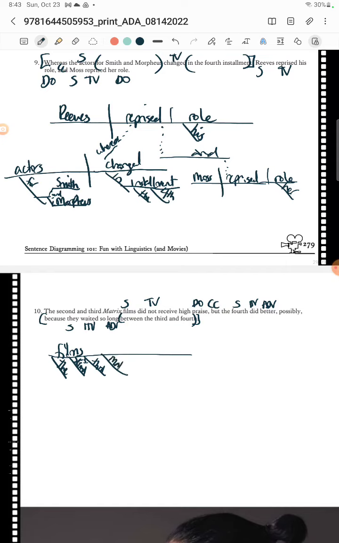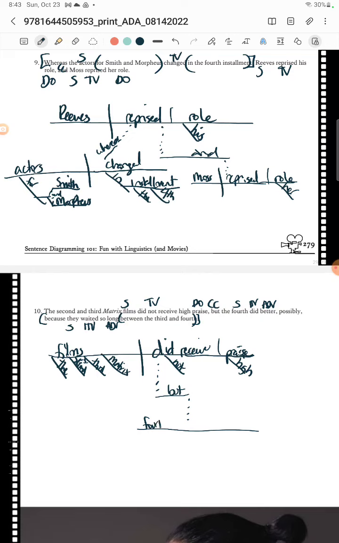And then there were Matrix films, okay. And they did receive, because we're always positive, and then not praise. And then what kind of praise? High praise. But what? 4th did better. The 4th did better. And it did possibly better.